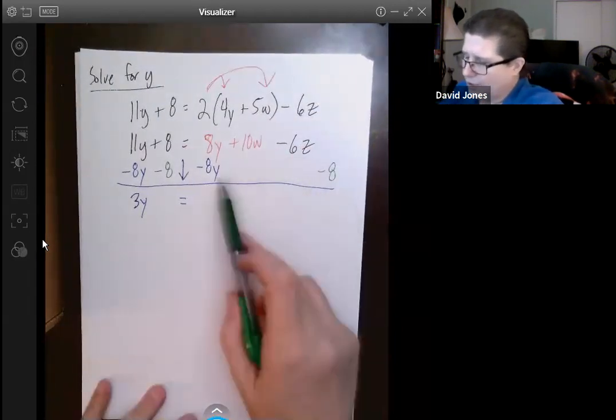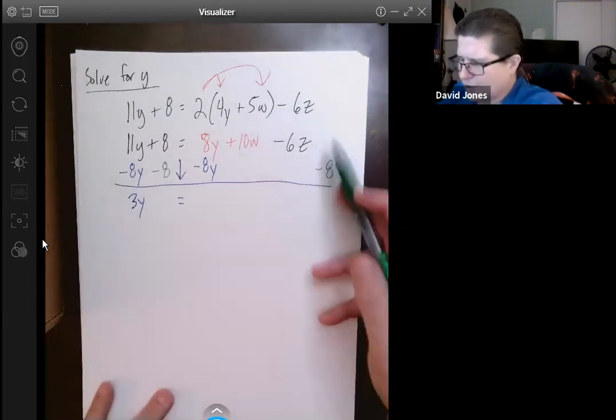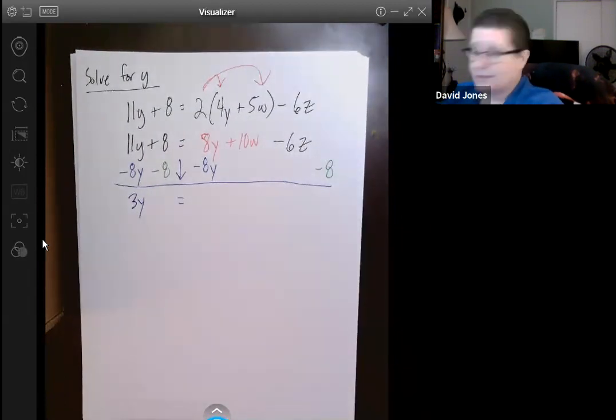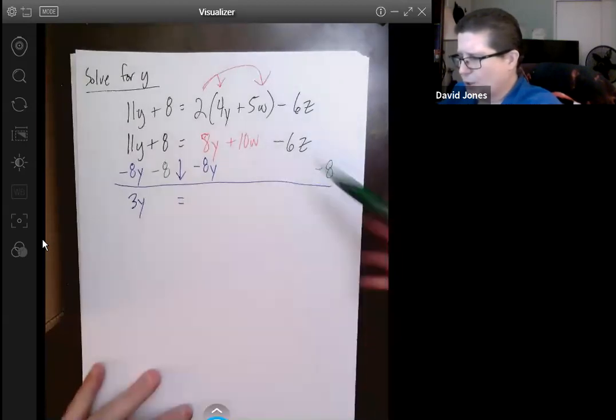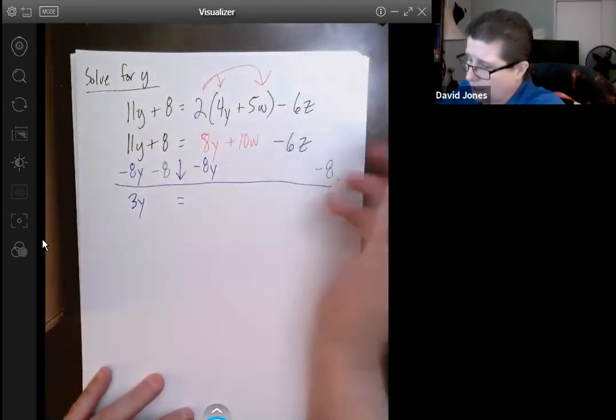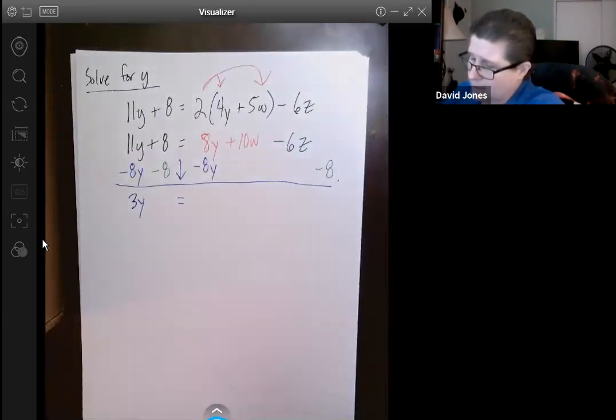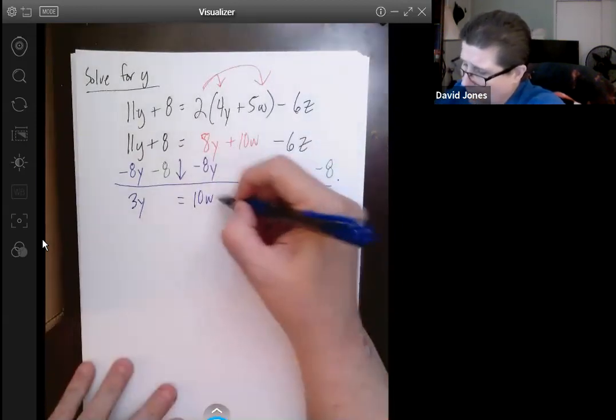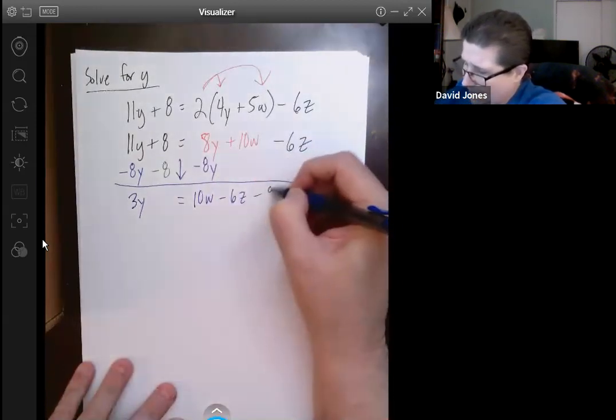And I didn't put it underneath the w because I want to make sure I don't combine it with anything that I don't know. I can't combine the 10w and the -8 because this has no w's. So the y's would go away, and I'm left with 10w minus 6z minus 8.